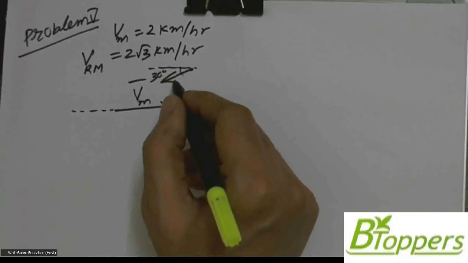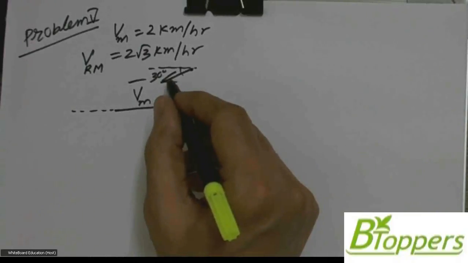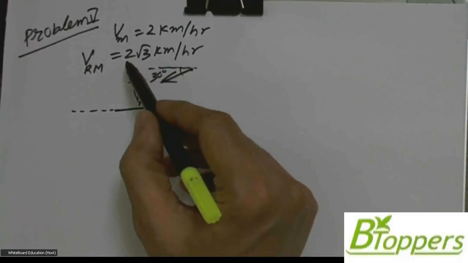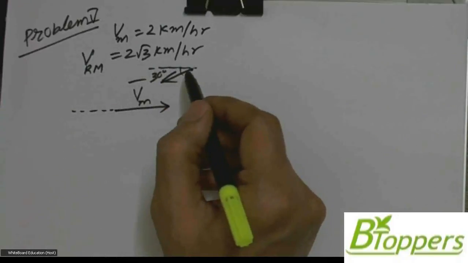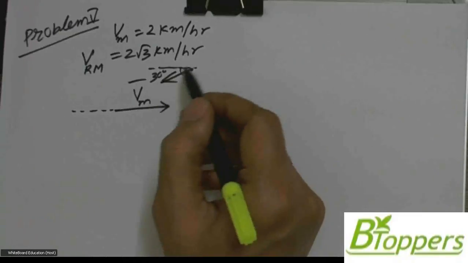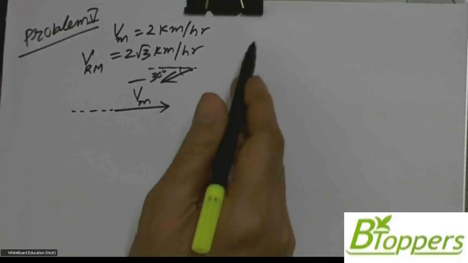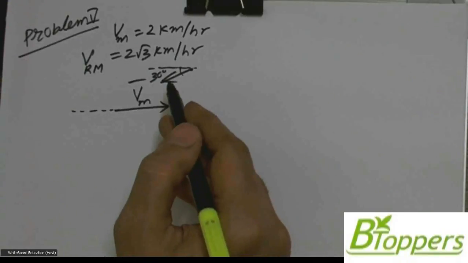You are asked to find the actual velocity of the raindrops. That means you are given the relative velocity of raindrops as 2√3 km per hour at an angle of 30 degrees with the horizontal from the front. You have to imagine that the man is moving in this direction towards right, and the raindrops are coming from the front at an angle of 30 degrees with the horizontal.